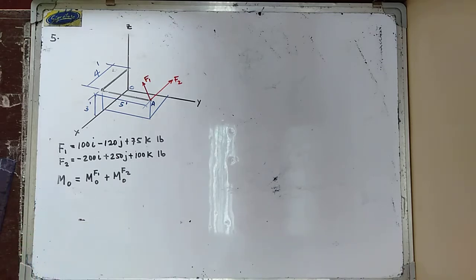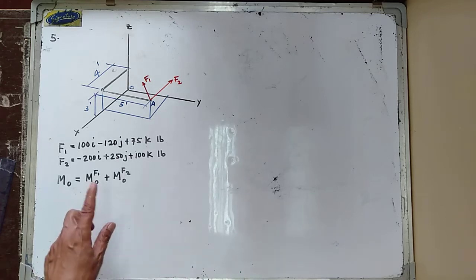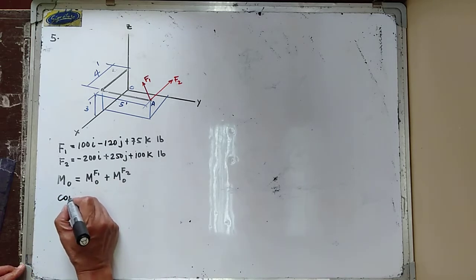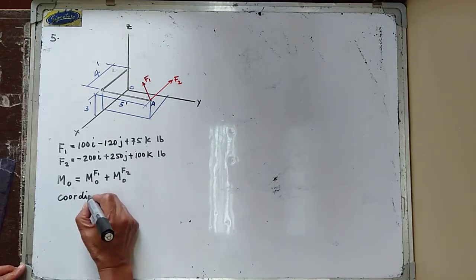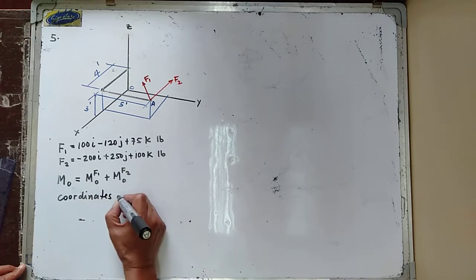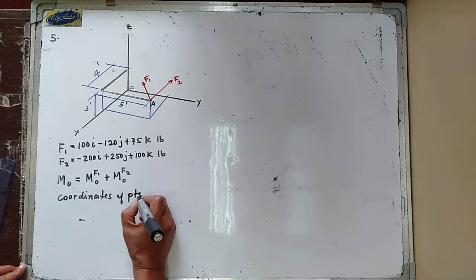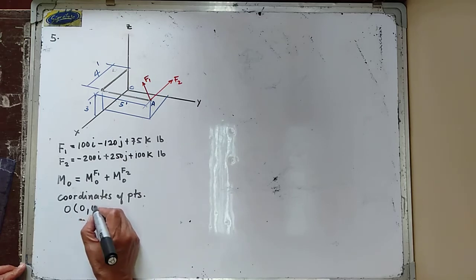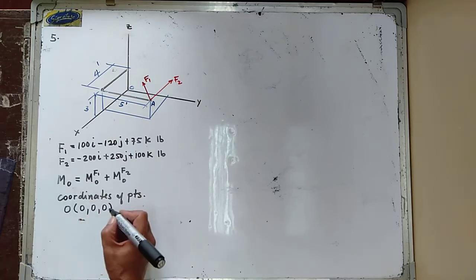So how are we going to determine the moment of F1 about point O and the moment of F2 about point O? Okay, first, we have the coordinates of the two points. We have the origin, of course, 0, 0, and 0.